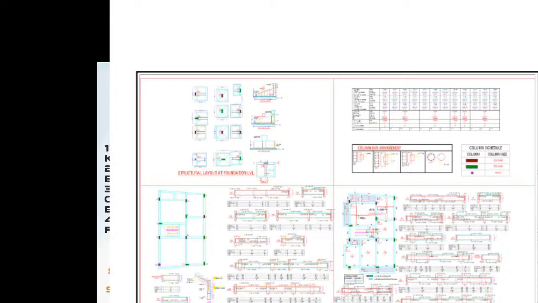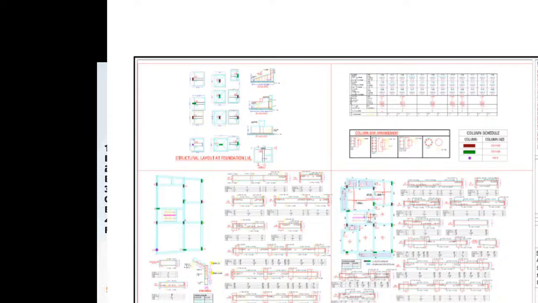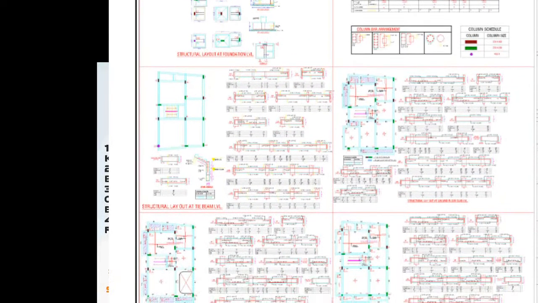You can see in the top left footing designing, then top right some reinforcement designing, column designing, then next tie beam designing, then ground floor slab, then first floor slab and second floor slab.